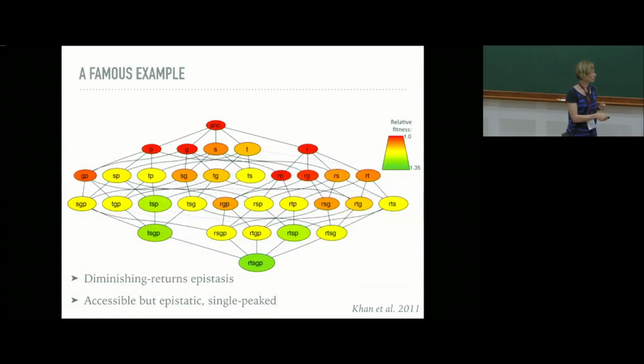And that is what is called diminishing returns. And so that's quite interesting because it was both accessible, in the sense that you could reach this single global optimum quite easily, but it was still epistatic. And so this is just one example of a fitness landscape.